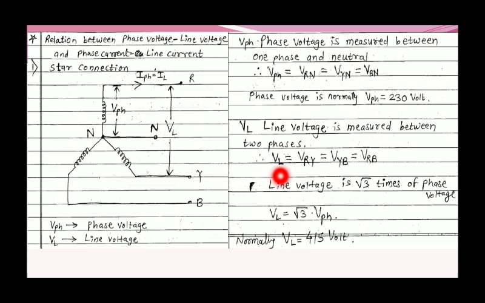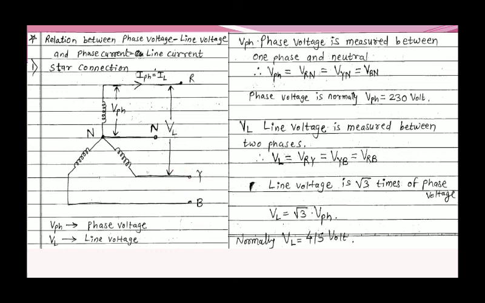There will be three line voltages: VRY, the voltage between R and Y, then the voltage between Y and B. As you can see, this is one live, another live, so if we measure between these, that will also be a line voltage, and another is VRB. The voltage between R and B is also a line voltage.